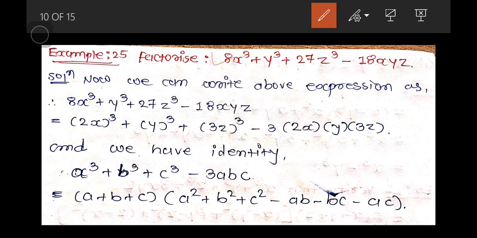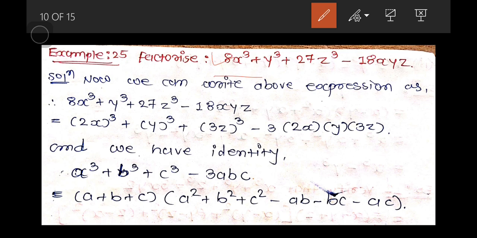This expression is really similar to identity number 8, as you know, that is x cube plus y cube plus z cube minus 3xyz, which we can factorize in the form (x plus y plus z) into, in the other bracket, x square plus y square plus z square minus xy minus yz minus xz. So we factorize this expression in the form of identity number 8.